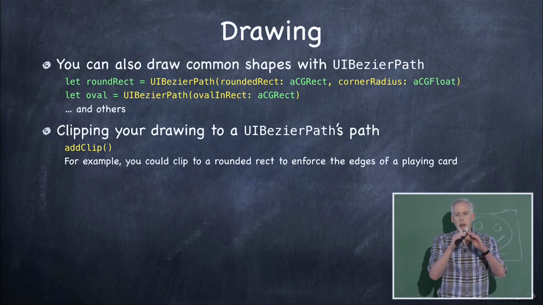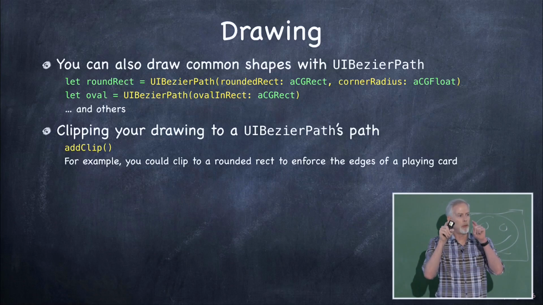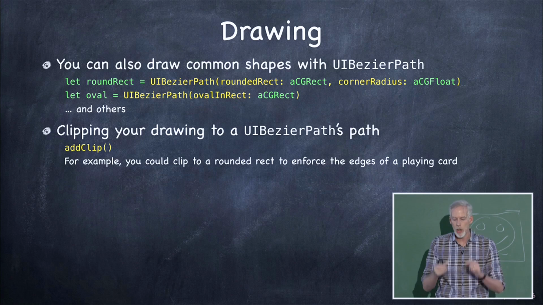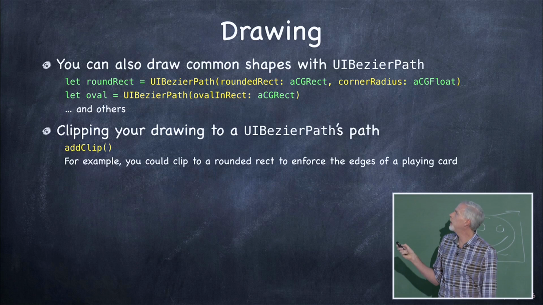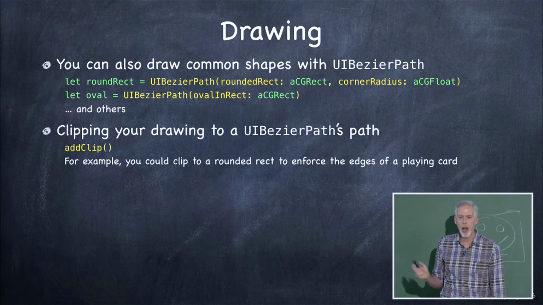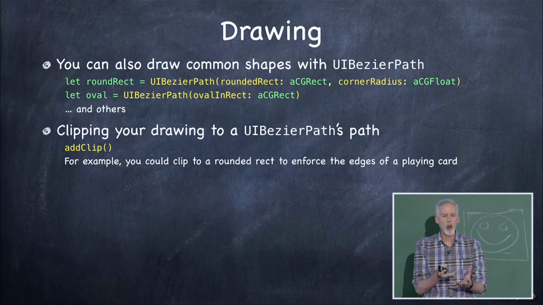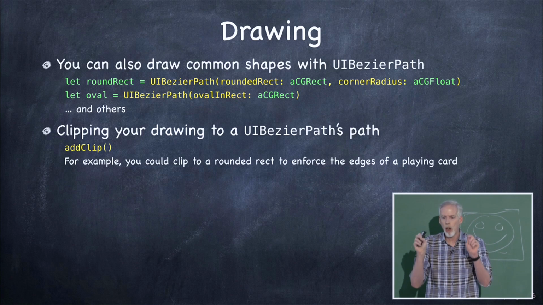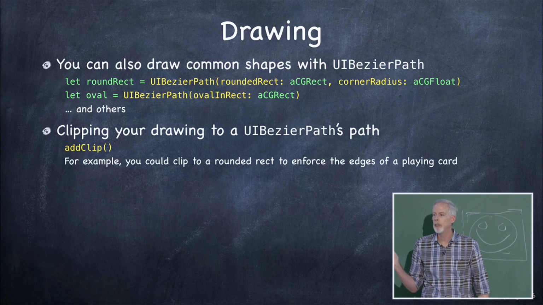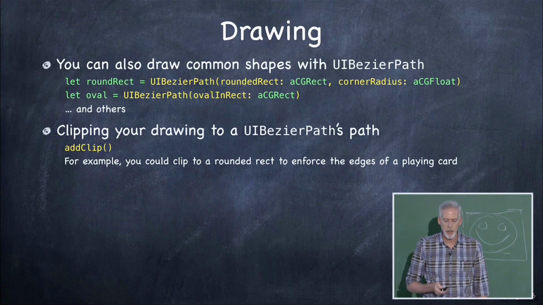So let's say you were drawing a playing card, right? Playing cards have rounded rects. They never have sharp corners, right? They have rounded rects. Well, you could create a UIBezierPath here using this, create a rounded rect, set it as the clipping path, and then just draw your card on the inside, and it would never draw in those corners because it would be clipped to the rounded rect. Okay? So addClip is kind of a cool Bezier path method.